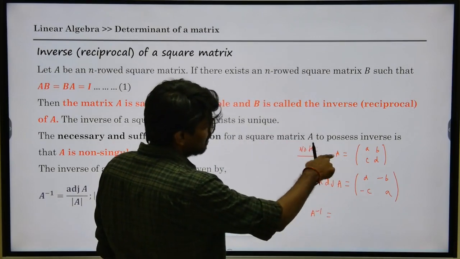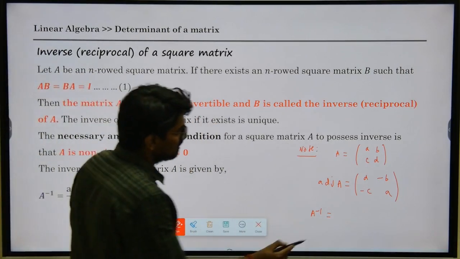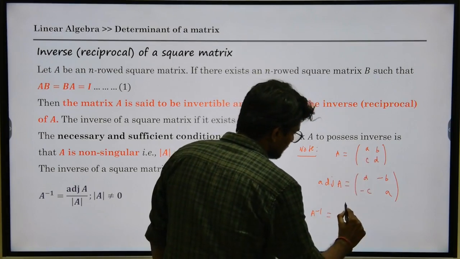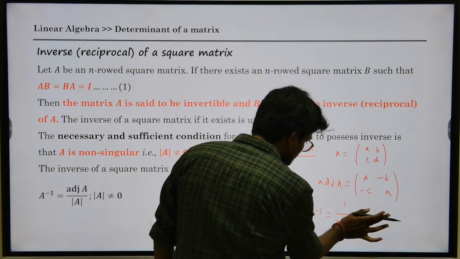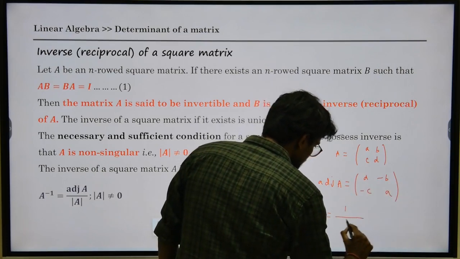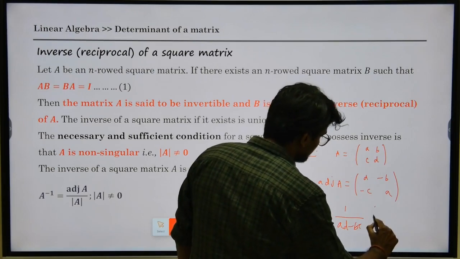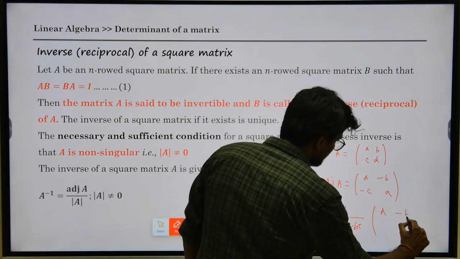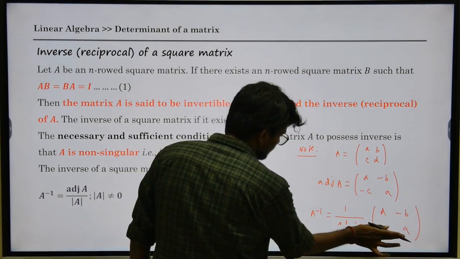In the matrix A, B, C, D, what is A inverse? Just multiply this. So 1 by AD minus BC multiplied by D minus B minus C A. Okay, copy this.